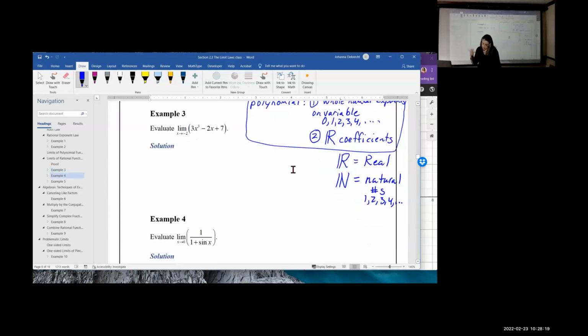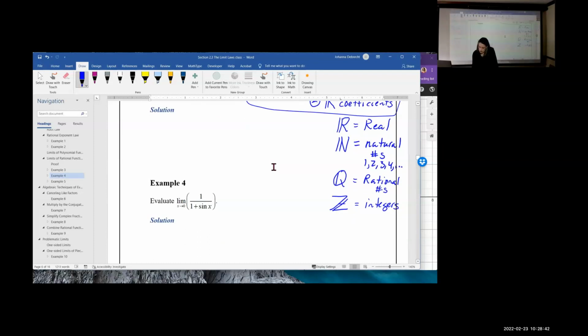There's a double bar Q, which looks really weird. This is rational numbers. All fractions. And there's a double bar Z, which is integers. These are just math notation.